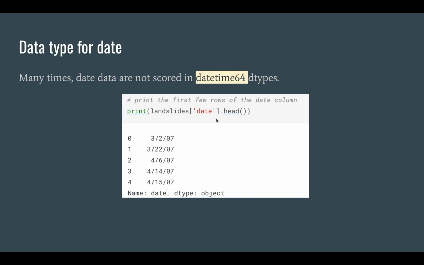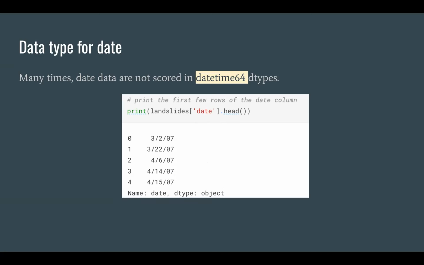You always want to check the dtype of the date column, because whenever you import data into Pandas in Python, the default data type might be object rather than datetime64. So we will need to do some pre-processing.